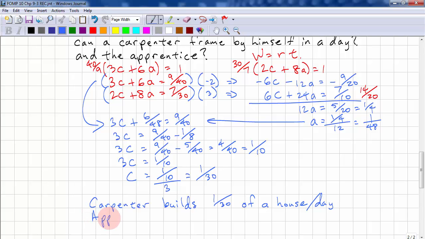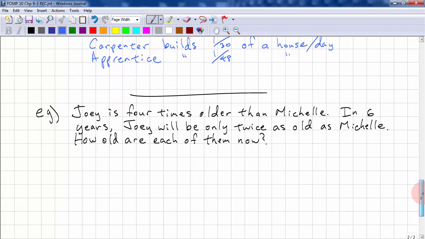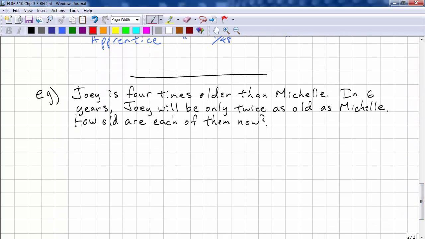Apprentice builds 1/48 of a house per day. Okay, and that's about as hard as an example as you're going to get. And that's probably a level 5-6 question. Let's look at a simpler one. This is going to be a level 3-4.